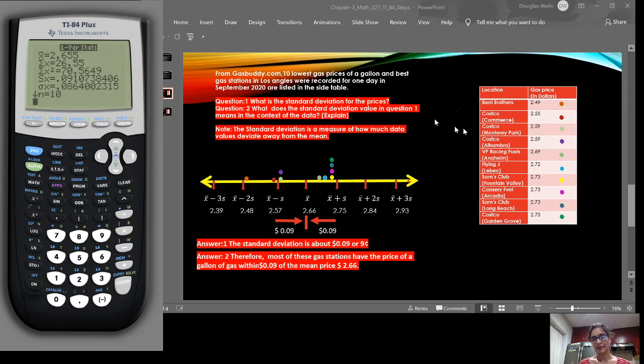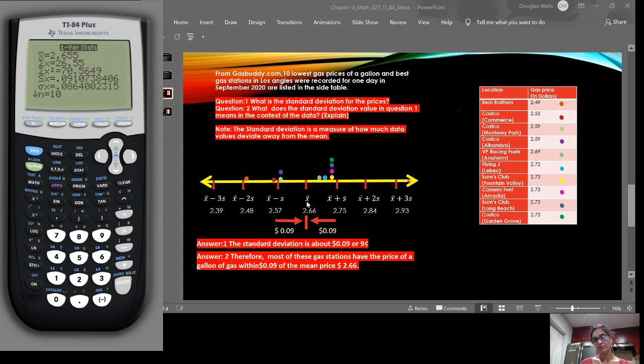Once I'm done with that, then what I did in the classroom, if you remember, I created this number line. I placed the mean in the middle, which was the average $2.66 gas price. Then this value, I found by going one standard deviation above the mean.